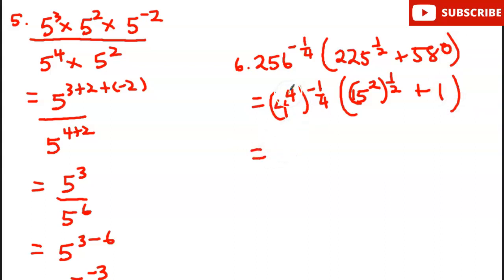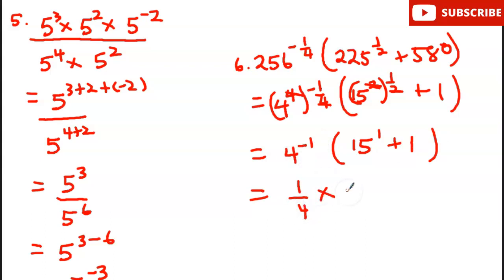So this 4 will cancel 4. So we have 4 raised to the power minus 1. And then this 2 will cancel 2. We have 15 to the power 1. And 4 to the power minus 1 can be written as 1 over 4, times 15 plus 1 is 16. So 4 will go into 16 4 times. So we have 4.